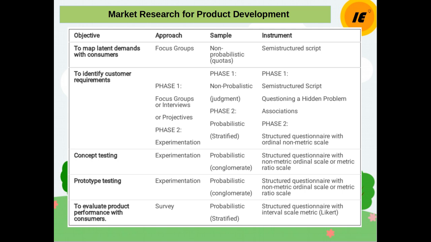So the research approach that will map the latent demands with consumers should be straightforward, and the use of focus groups is recommended. Here a focus group basically means a group of mostly expert people in the field, specifically from the user point of view.